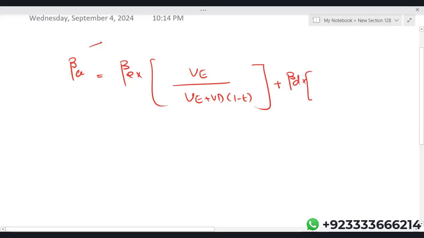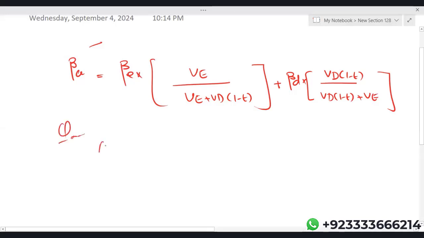If there's a beta debt as well, then the complete formula is: beta debt into market value of debt (1 minus tax rate), plus equity beta into market value of equity, divided by market value of debt (1 minus tax rate) plus market value of equity. Now you might be thinking, so what is new in it? Just wait and keep watching.